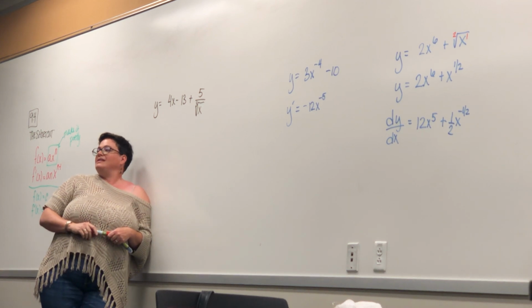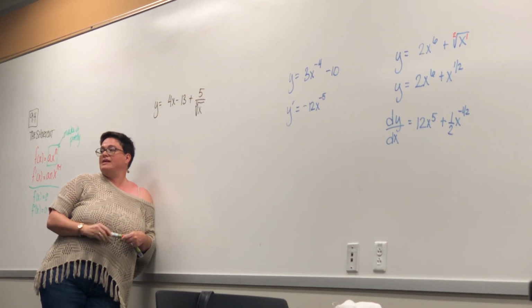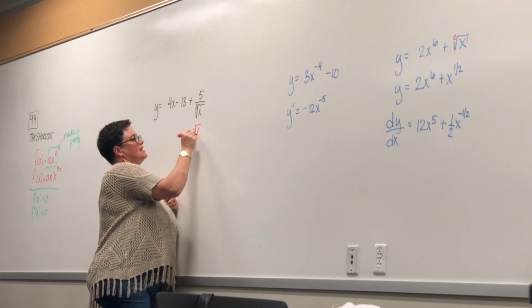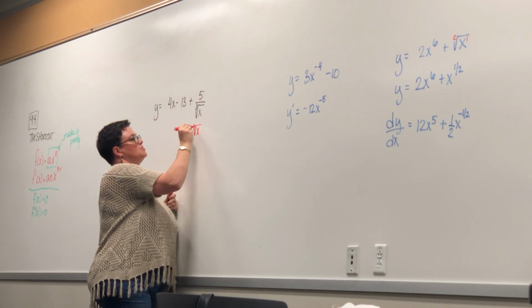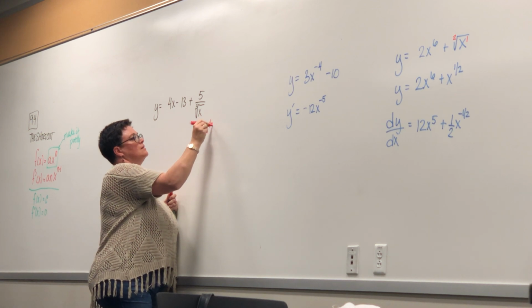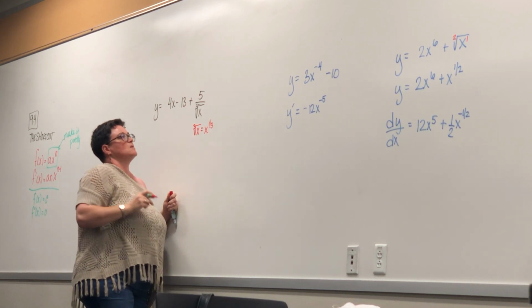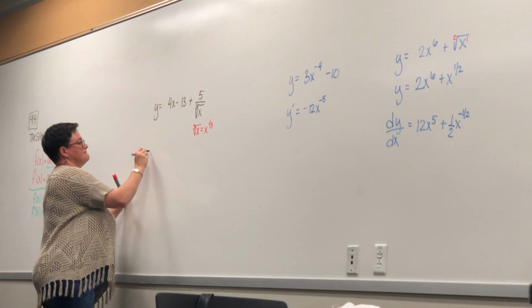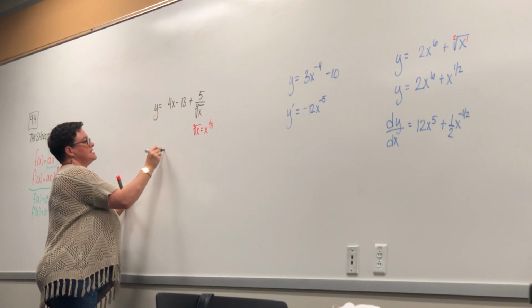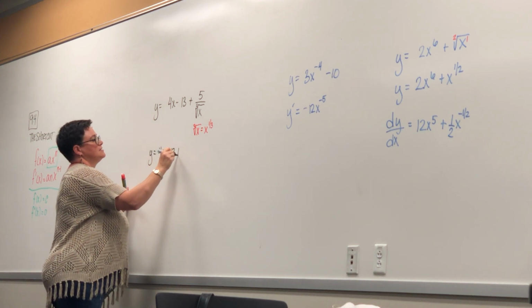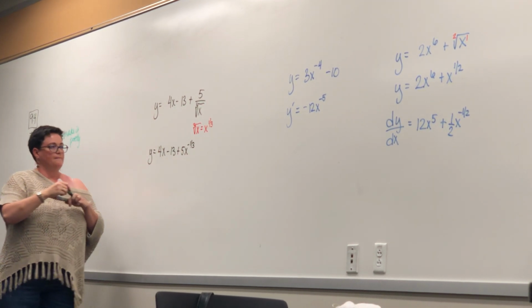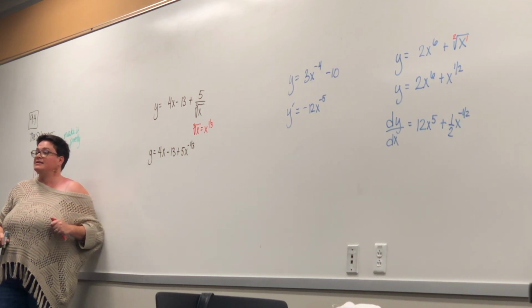Before I do, I need an exponent that I can drag up, so let's create an exponent. So this is x to the what, guys? Cube root of x is x to the 1/3. Now if I drag it up, what does my exponent become? So before I take the derivative, this is 4x minus 13 plus 5x to the negative 1/3, right? So now I'm ready to take the derivative.